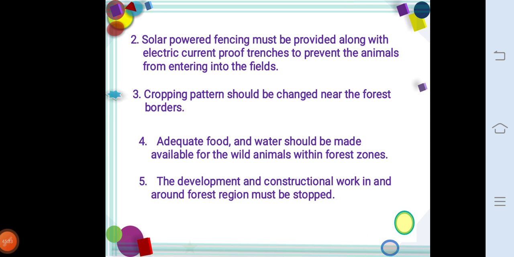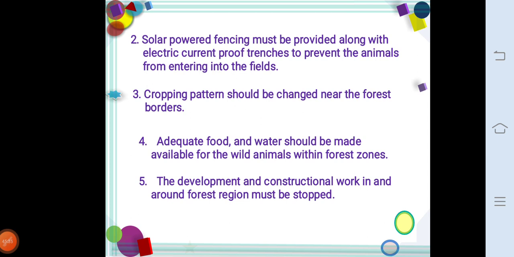Cropping patterns should be changed near the forest borders, and adequate food and water should be made available for the wild animals within forest zones. The development and constructional work in and around forest regions must be stopped.